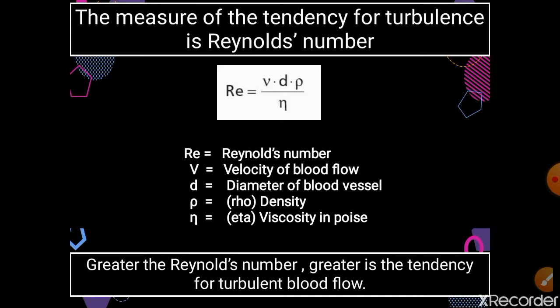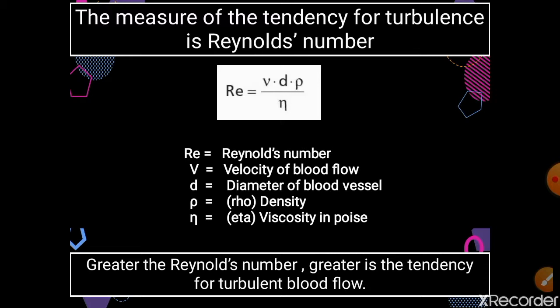On a broad highway, there are more chances for a car to move out of its lane and enter other lanes. While the same car, while moving on a side lane or a small road, does not have any chance to move out of its lane, as it is probably a single lane road. So as the diameter of a blood vessel increases, the tendency of turbulence increases.